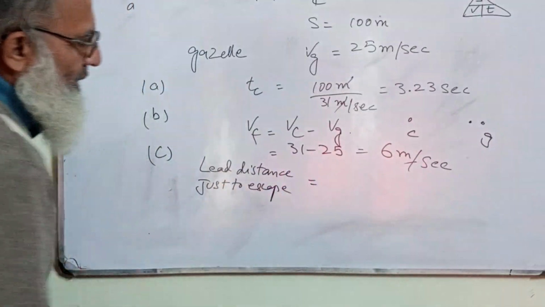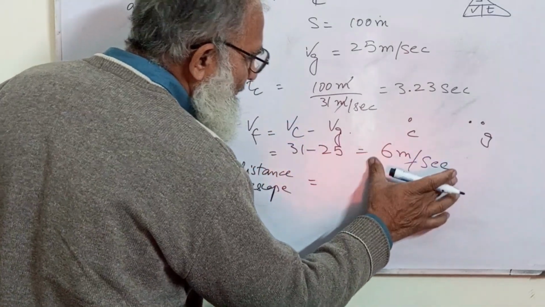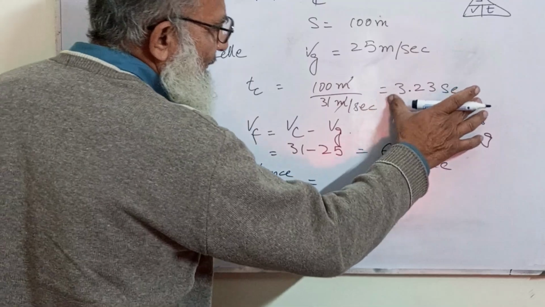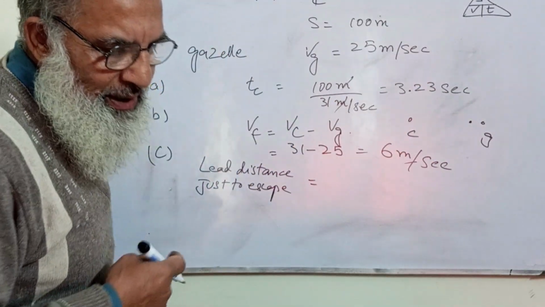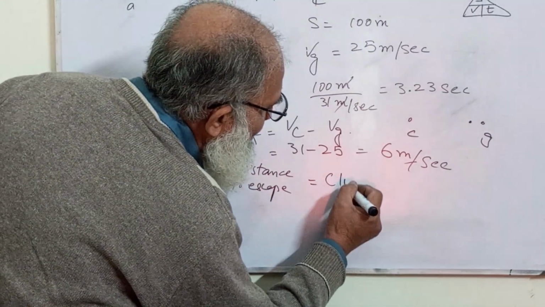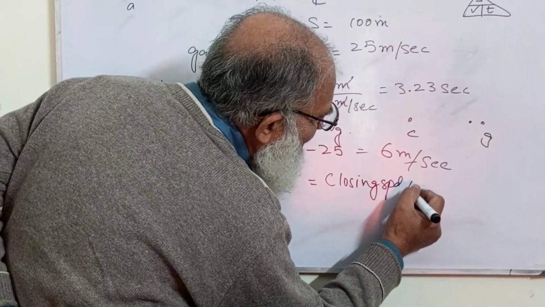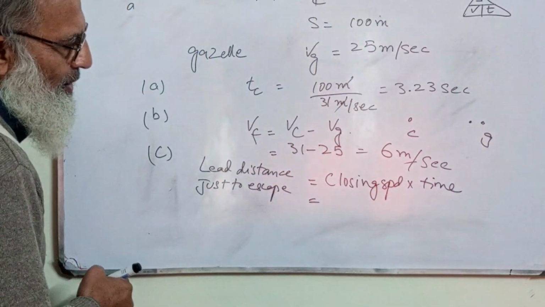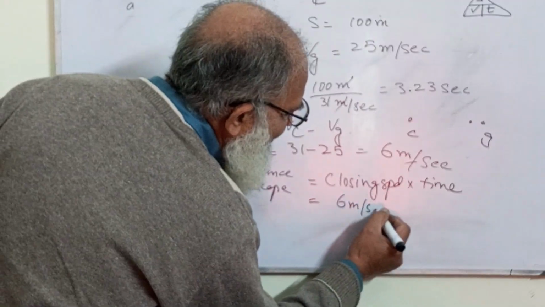The book has also stated that we will use this speed and this time. We'll use this closing speed multiplied by time. What is the closing speed? The closing speed is 6 meters per second.